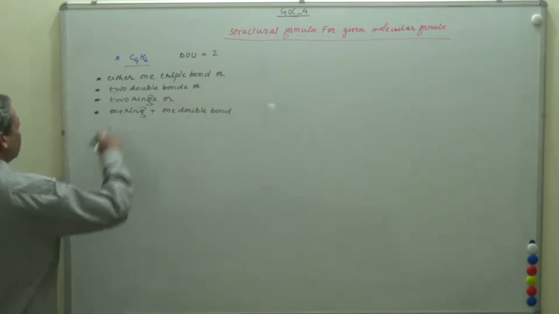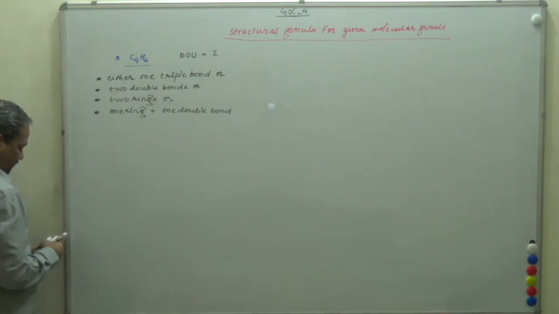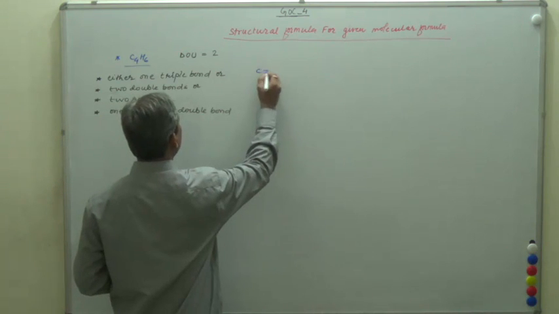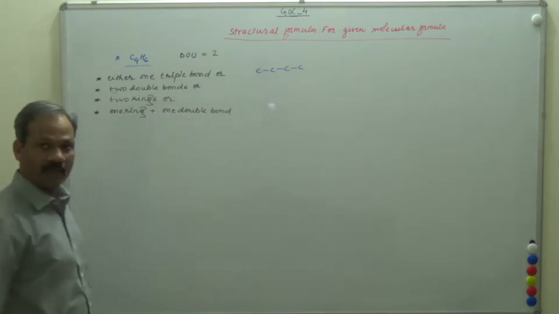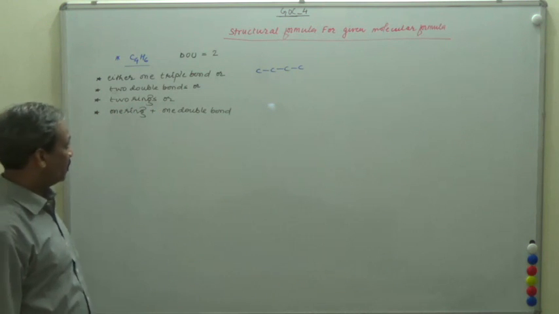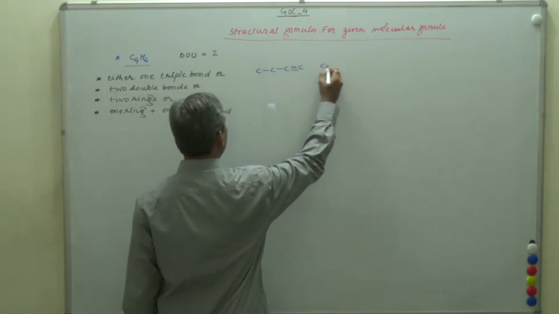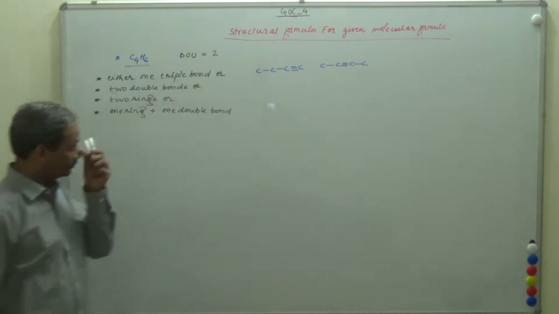So let's start with the structure having a triple bond. For that we need to draw a chain of 4 carbon atoms, and now place the triple bond in this chain of 4 carbon atoms. So there are 2 positions. It can be here or it can be here.